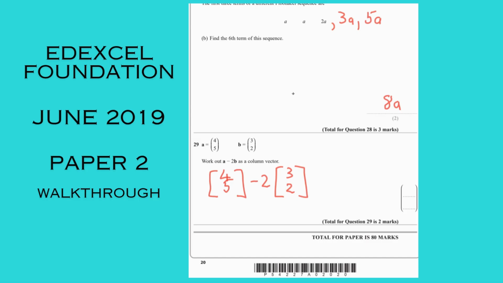So we've got 4, take away 2 lots of 3. Or in other words, 4 take away 6. Look along the bottom. We have 5, take away 2 lots of 2. Or in other words, 5 minus 4. You could do a bit more working out than that if there were more negatives floating around. Don't be afraid of getting your calculator involved, even when it's a question that doesn't look like a calculator should be getting involved.